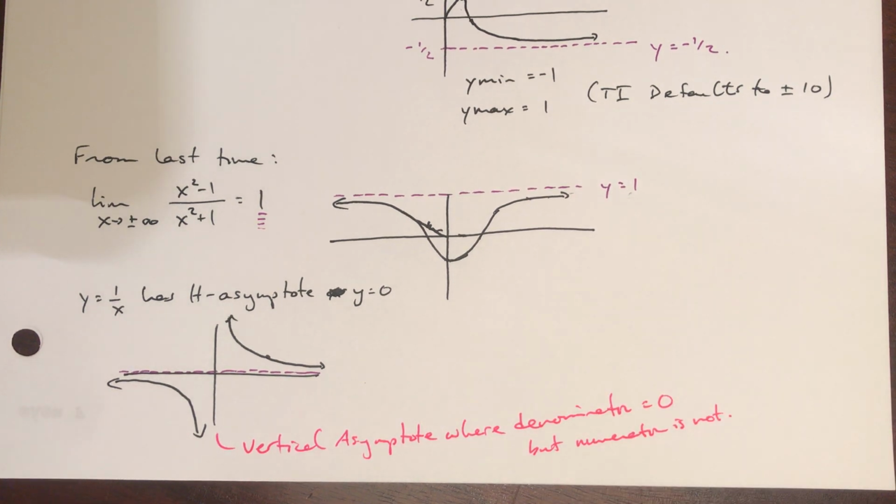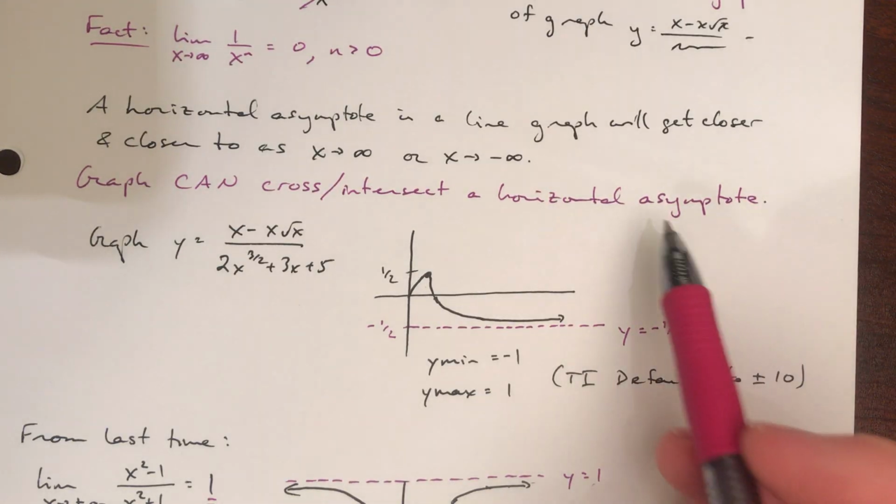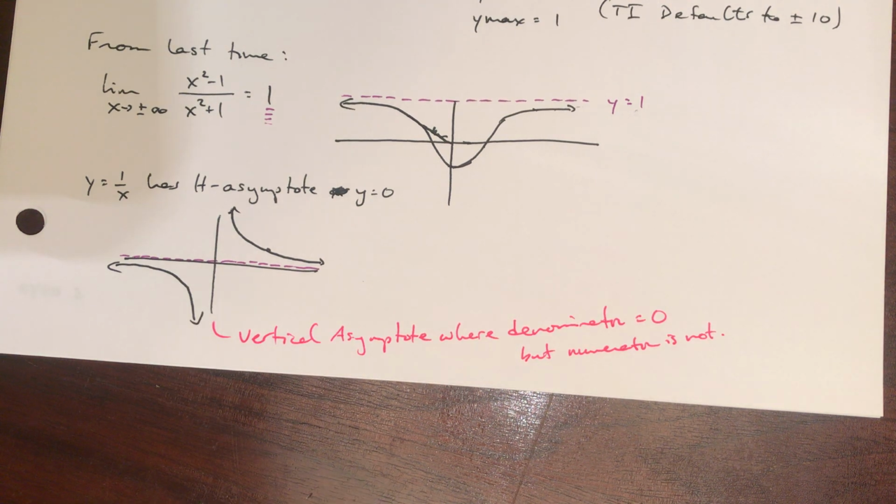It's maybe a little bit more complicated than that, but that's going to be a good rule of thumb for us: a denominator of 0 where the numerator does not go to 0. While a graph can cross a horizontal asymptote, it cannot cross a vertical asymptote. That's simply an undefined value of the function.